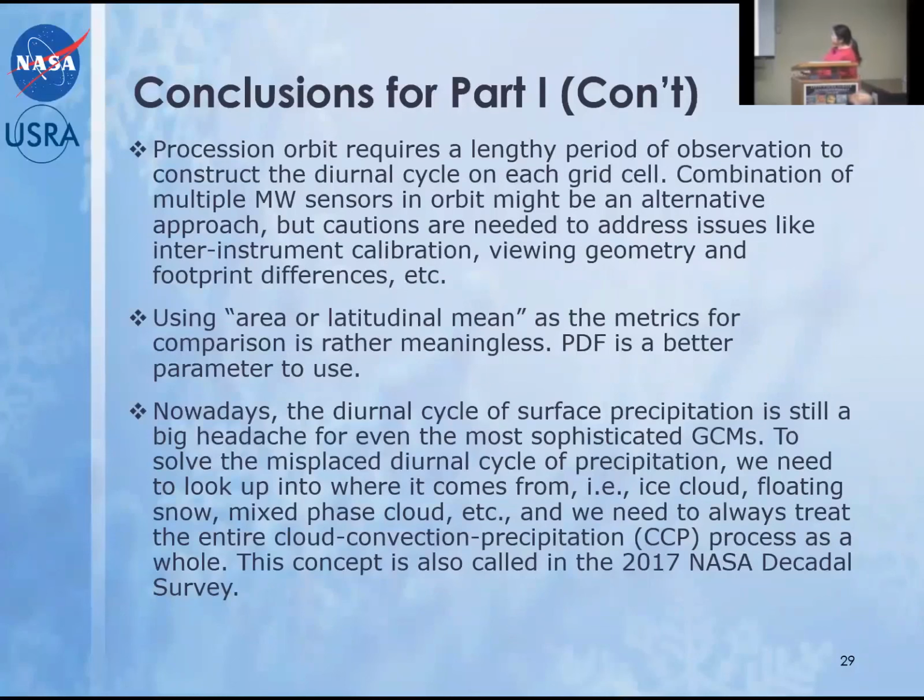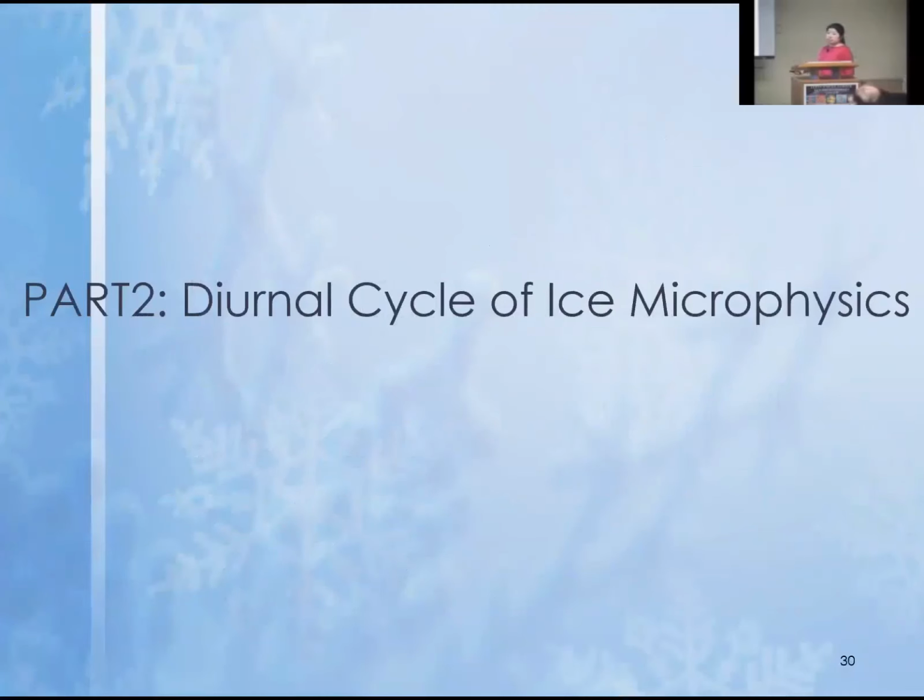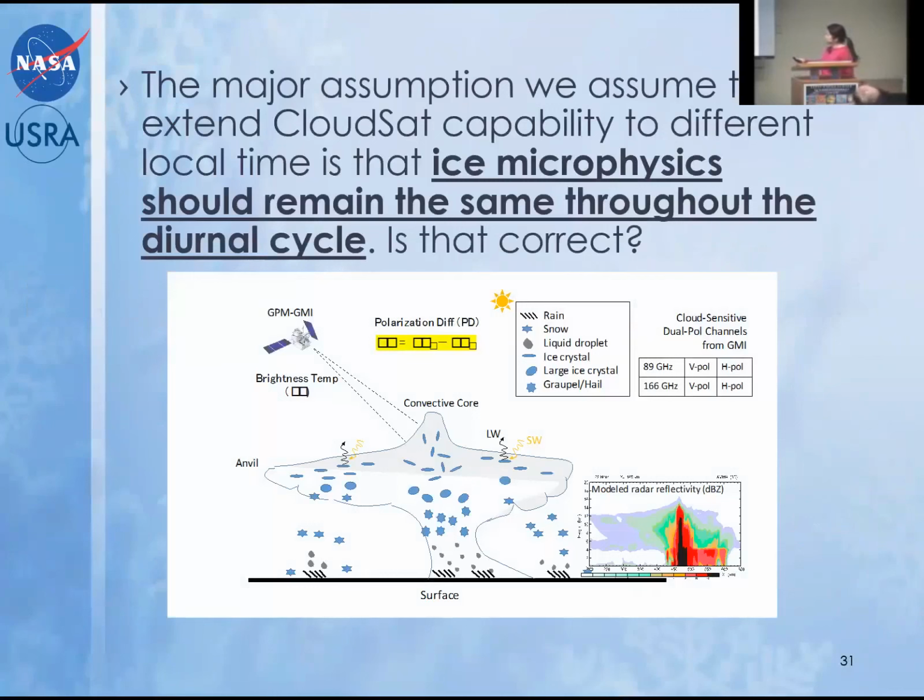That means the ice cloud, floating snow and mixed phase cloud. And we need to always treat the entire cloud, convection and precipitation cycle as a whole. This concept is also called for in the 2017 NASA Decadal Survey. So we're right now trying to work more toward this direction, how to make the measurements more coherent. And the next part is the diurnal cycle of ice microphysics we derive still from GMI.